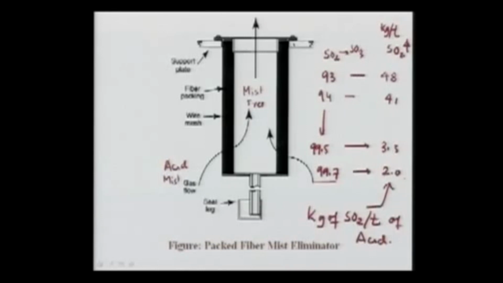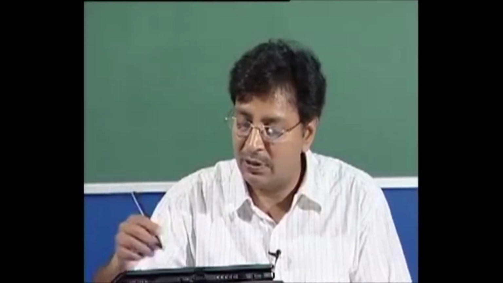Similarly, the acid mist emission will depend on how smartly you are operating your absorbing tower. So this is how the emission aspects of sulfur dioxide, acid mist and SO3 from the sulfuric acid plant work, and whatever acid mist forms can still be removed by the acid mist eliminators. I think we'll stop there because this shows us the details about the sulfuric acid plant.